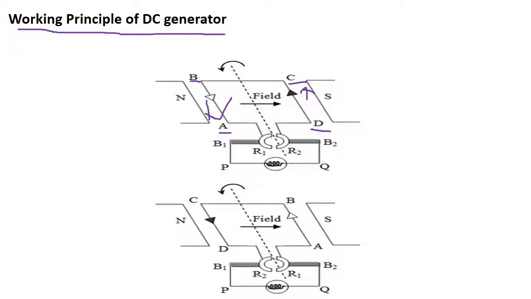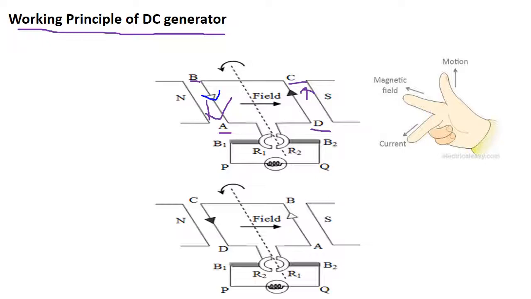The coil during this motion cuts the magnetic lines of force and an induced current is produced in the coil. According to Fleming's right-hand rule, during the downward motion of arm AB, the current flows from B to A in arm AB and from D to C in arm CD.